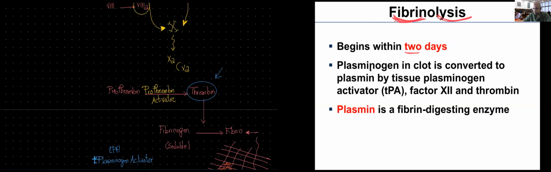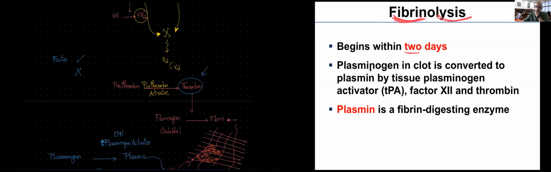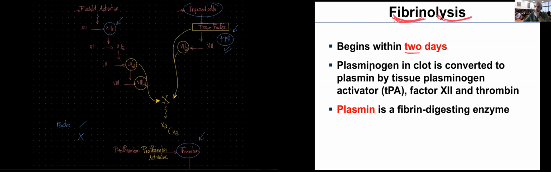What do you think? If I'm telling you that the same factors that will be forming the blood clot are the same ones that are breaking down the blood clot, would I be forming a blood clot in this case?